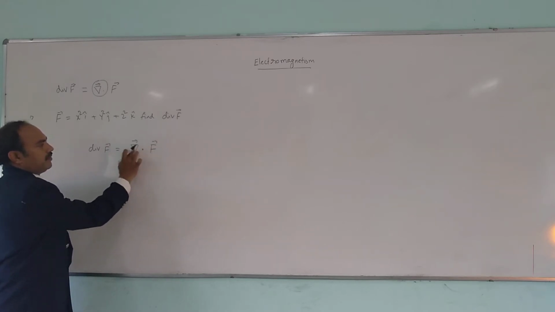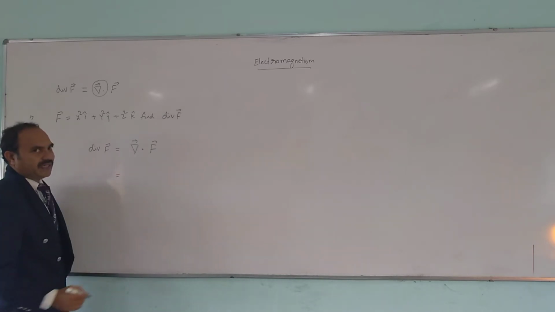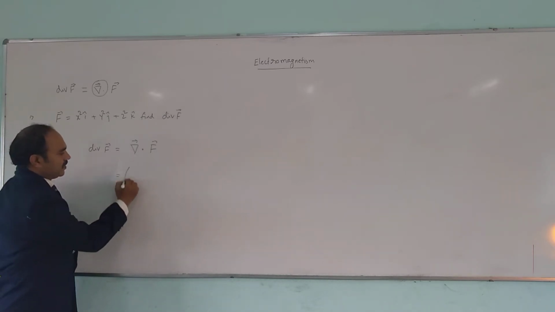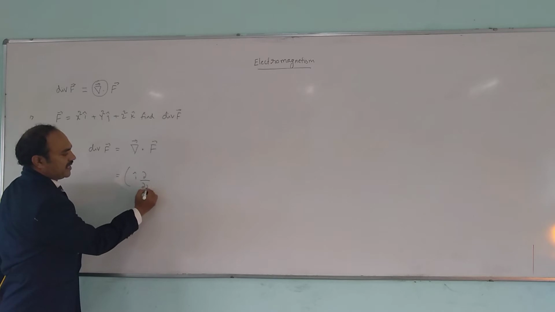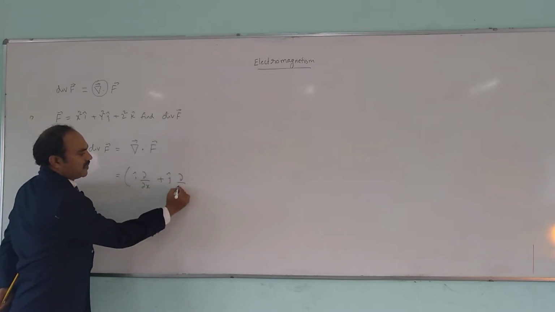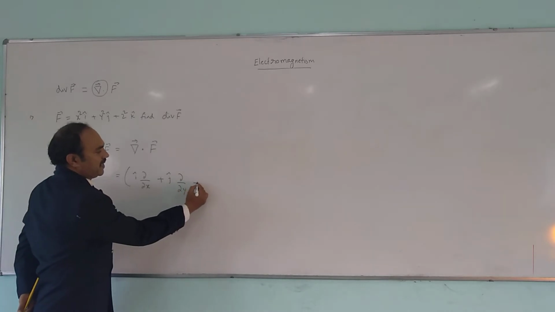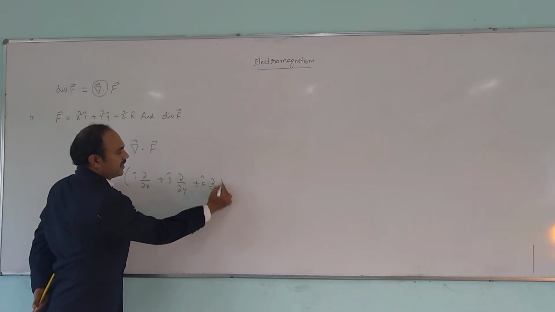Both are vector quantities. Now we already know the definition of del. Del is equal to i cap, a unit vector, into dou by dou x plus j cap into dou by dou y plus k cap into dou by dou z.